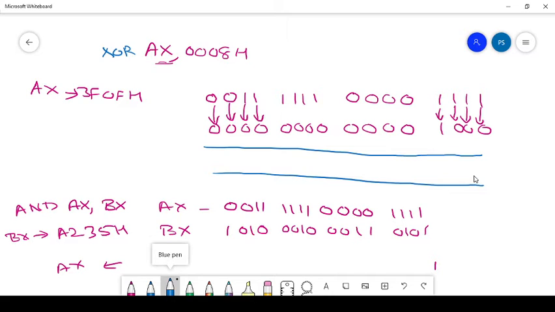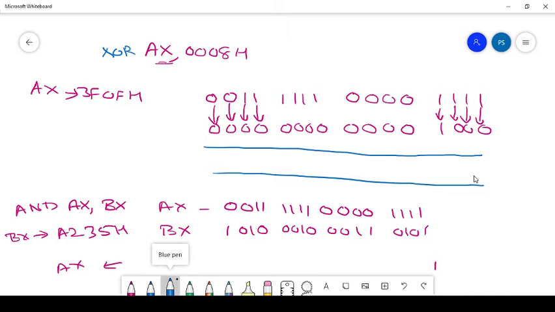So this means 9, 12, 13. 13 means E, 3, 1 0 1 1, 8 plus 3 is 11, B. So this will be moved to the AX. So this is for the logical exclusive OR.